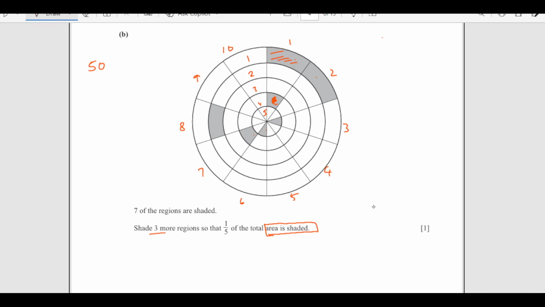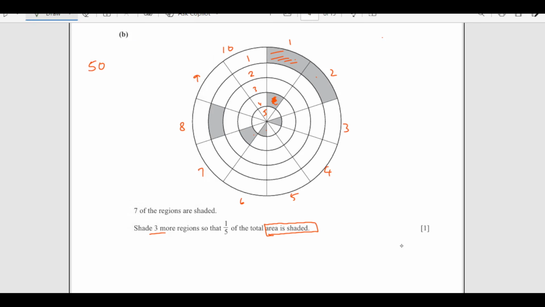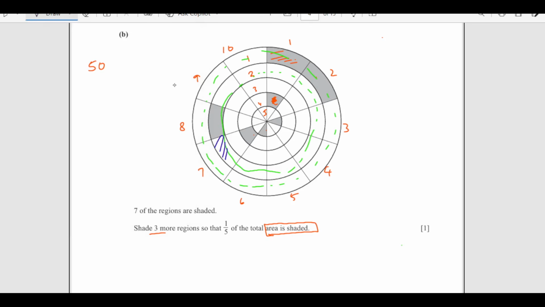Now you can see we will first go for the first layer. If you go around this layer here, you see 2 are already shaded. We will go to the second layer here. If you go around, you see only 1 is shaded, so we can shade 1 more for that, right? So let me choose this one, so we can shade 1 more like this.